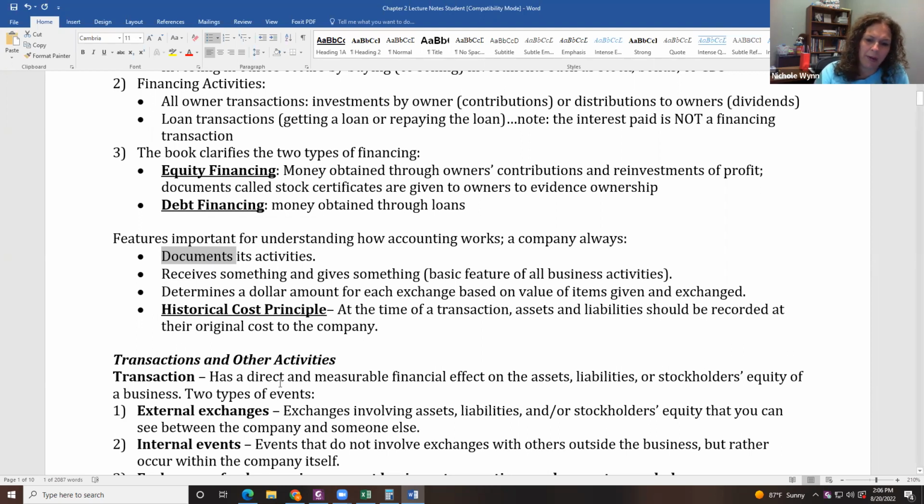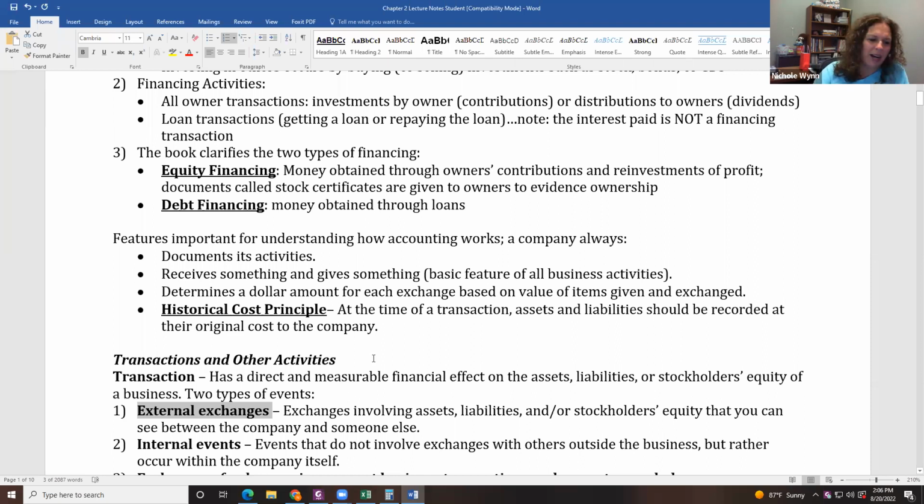Okay. Another thing that accounting books often differentiate between are external and internal exchanges. I don't really focus on that, but an external exchange is when you do a transaction that involves people outside of your business. Like if you get the owners to give you money, or if you go to the bank and get a loan. And then internal events are within the business.